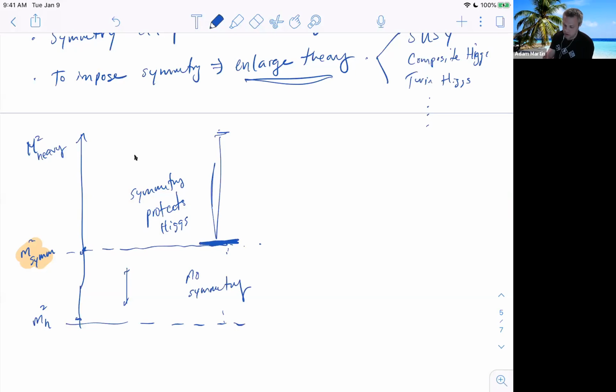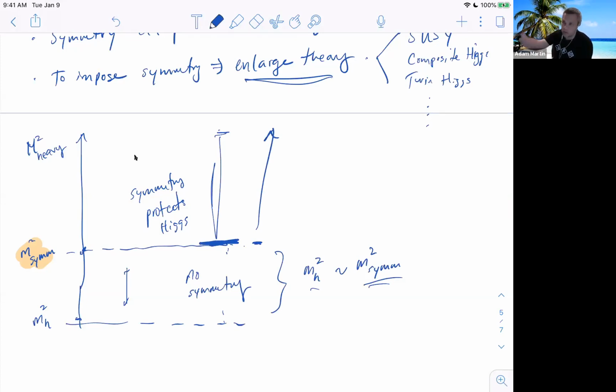Therefore, in this scenario, we should expect m squared of the Higgs is proportional to m squared of the fields that we need to include to impose the symmetry. So this is exactly what was discussed in one of the chat questions. This is a soft symmetry breaking, SUSY breaking mass. We get m_h should be proportional to that. So it's sensitive up to here, not sensitive to junk above that. This is why we like putting in supersymmetry.